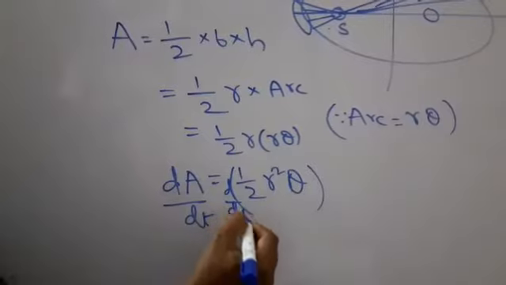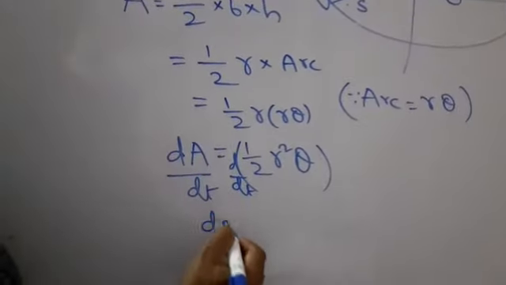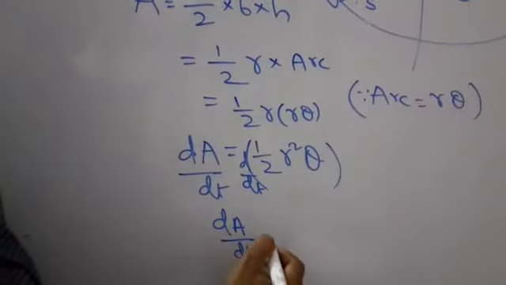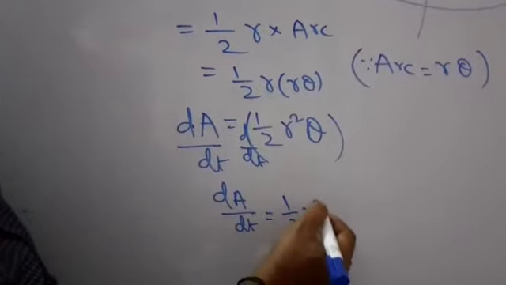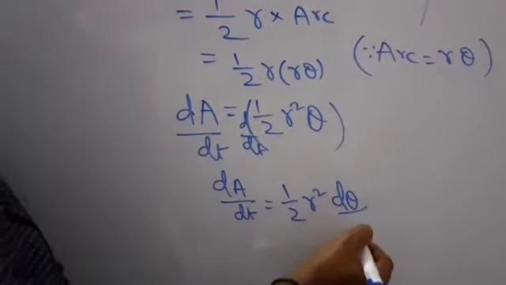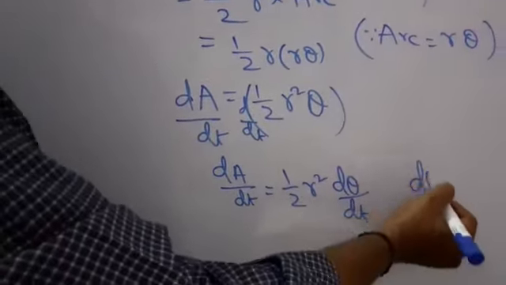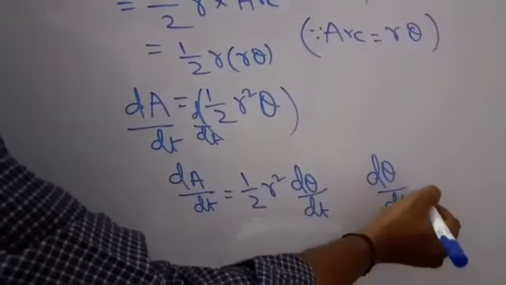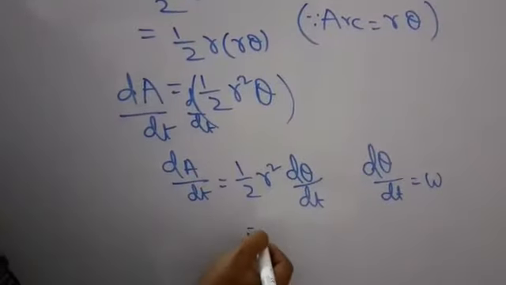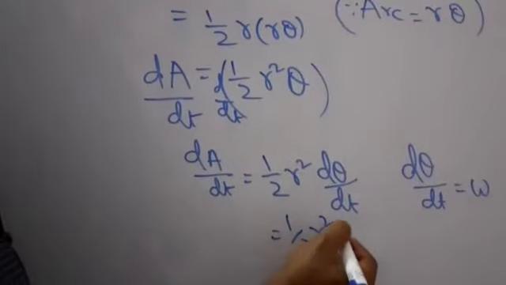Here we can apply the derivative on both sides. Therefore, dA by dt is equal to 1 by 2 into r square d theta by dt. The rate of change of angular displacement is called angular speed, so it is half into r square into omega.